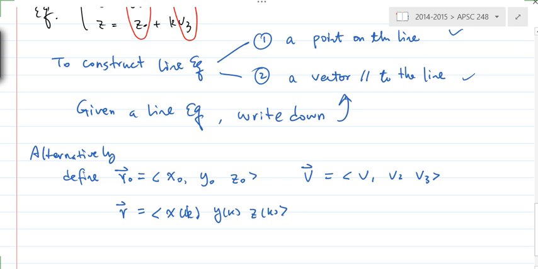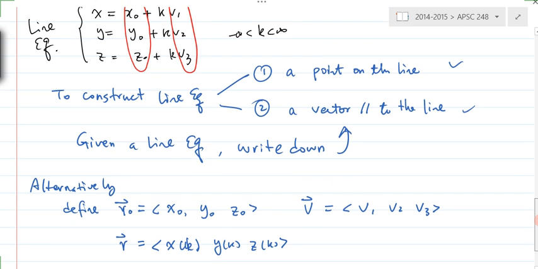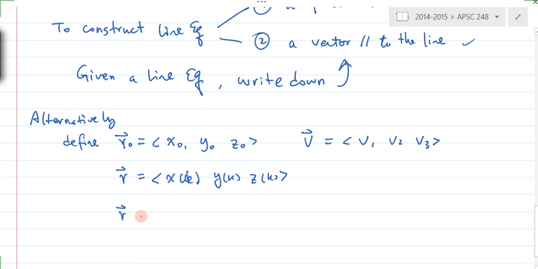So if I define these three things, then these three equations can be shortened into one expression, which is r, a function of k in this case, equal to r naught plus k times v. Oh, not t, sorry, k. Was that clear?